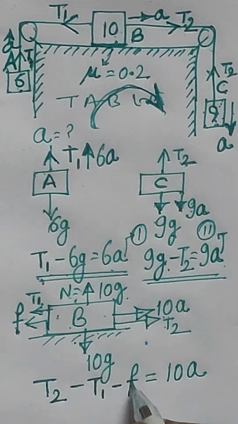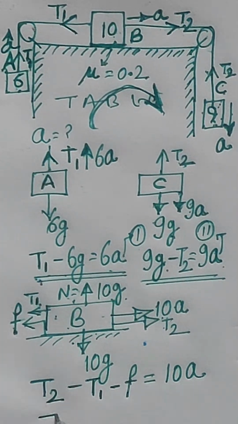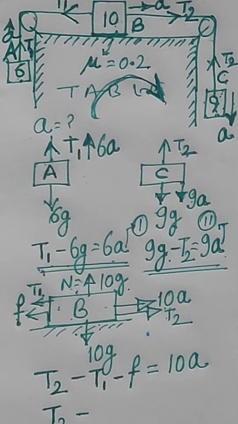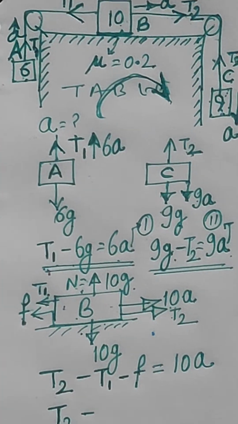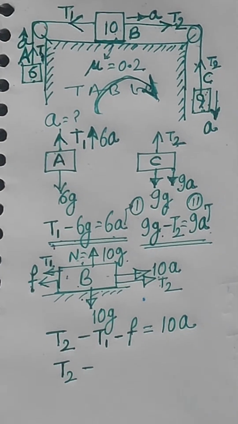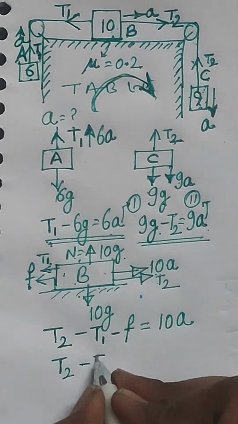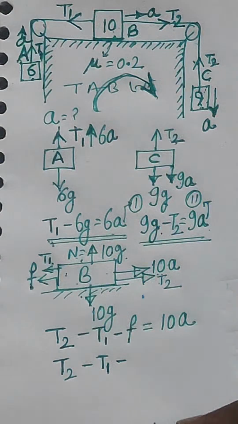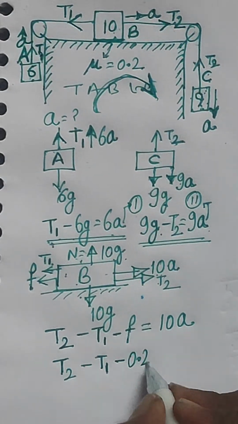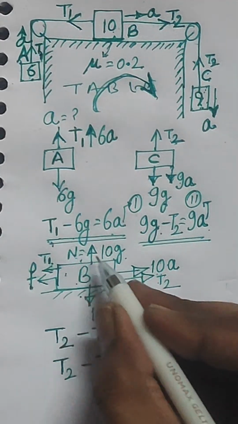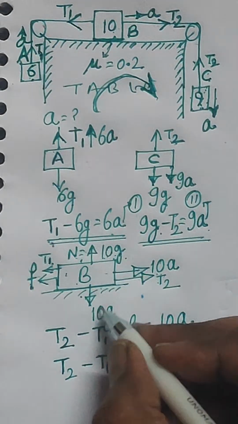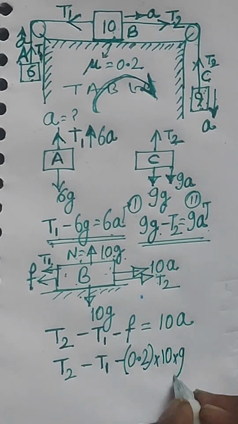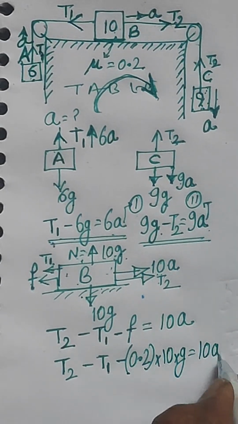So put in the value of mu N. T2 and T1 will be acting as variables to us. So T2 minus T1 minus mu N, mu is 0.2, so 0.2 into N, N is equal to 10g, so 0.2 into 10 into g is equal to 10a.